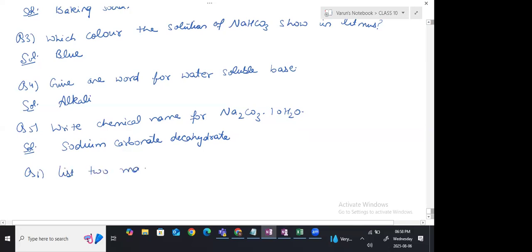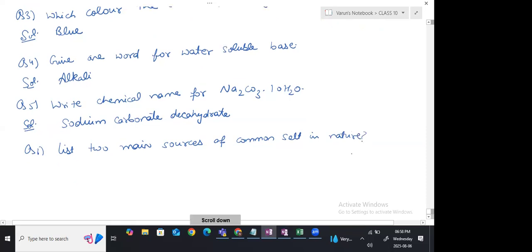List 2 main sources of common salt in nature. From where do we get the common salt in nature? Seawater and desert sand. I didn't say desert sand anywhere.